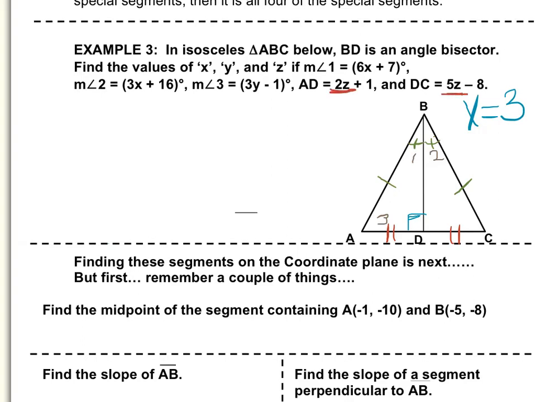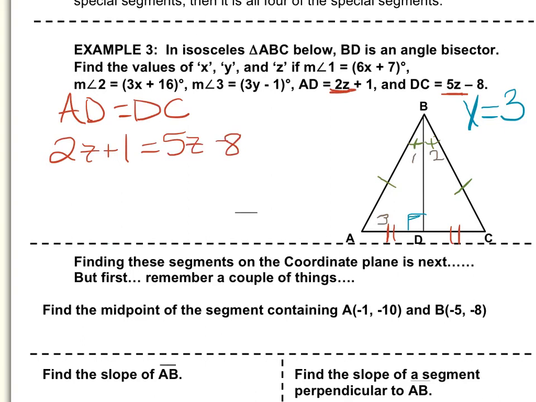Now, because I know that this segment BD is also a median, I know that AD is equal to DC because each one of these properties hold for that isosceles triangle. So I know 2z plus 1 is equal to 5z minus 8.